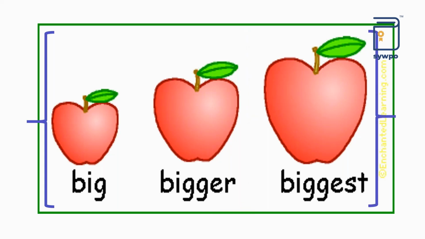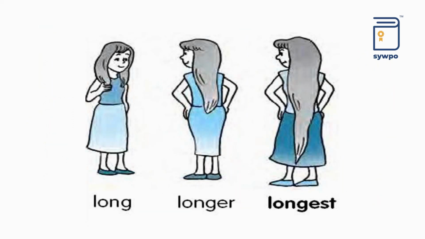Now, if I show you the next slide, you can see here I have three ladies and they have long hair. But look at the hair size again. They are not the same size. So the first one has long hair and the second one has longer hair. That's because you see it is longer than the first one. If I compare the two, then the second one has longer hair because that is more than the first one. Now, if I look at the third one, this is longest.